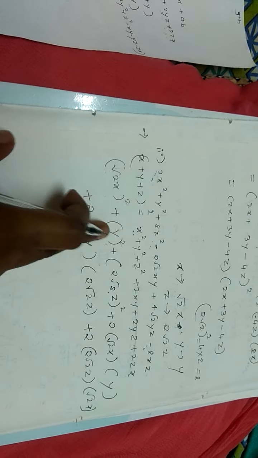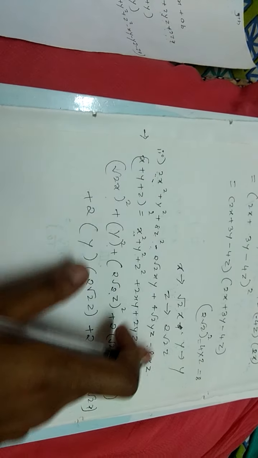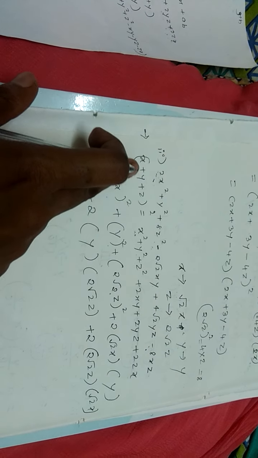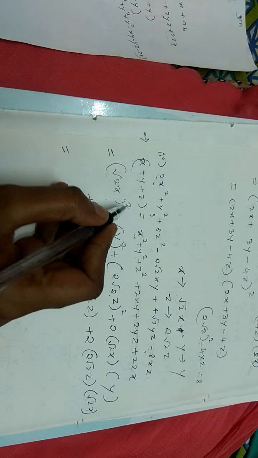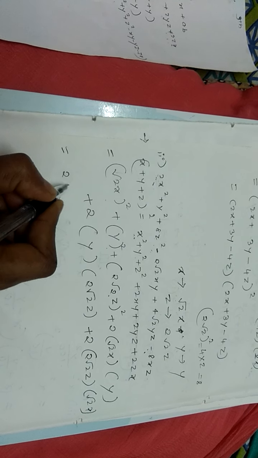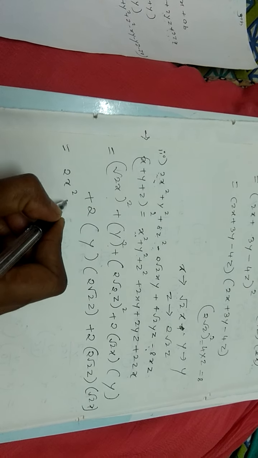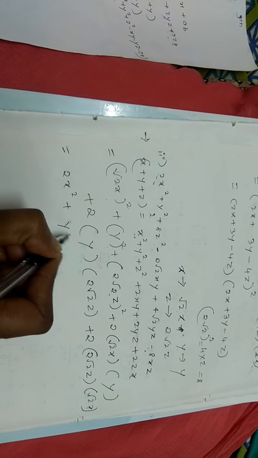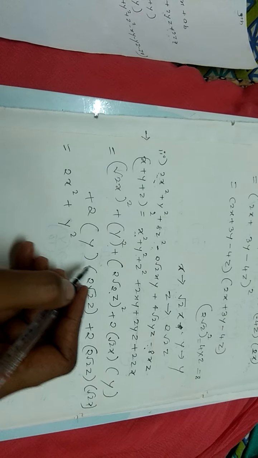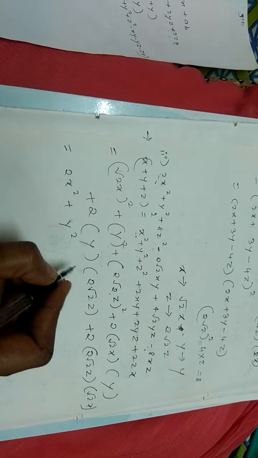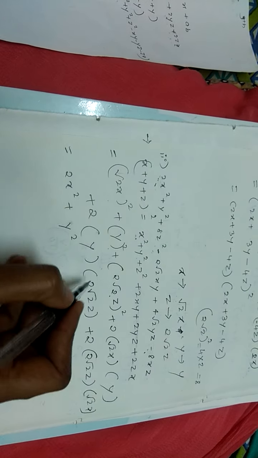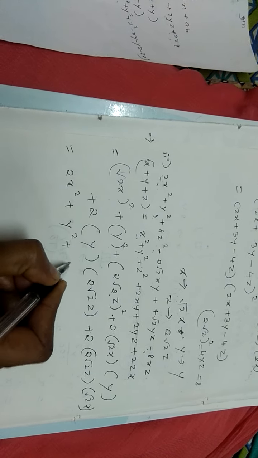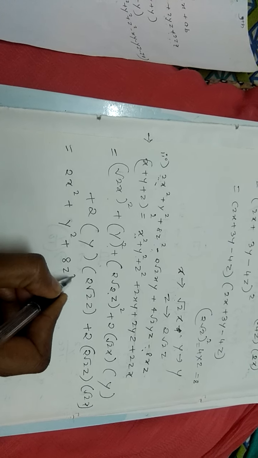We have to get this in this form so that this can be equated to (x + y + z) whole square. So this is equal to root 2 squared is 2, x² is x², plus y² is y². Next 8z². So, I told you root 2 squared is 2, the 2 root 2 squared is 8. So plus 8z².